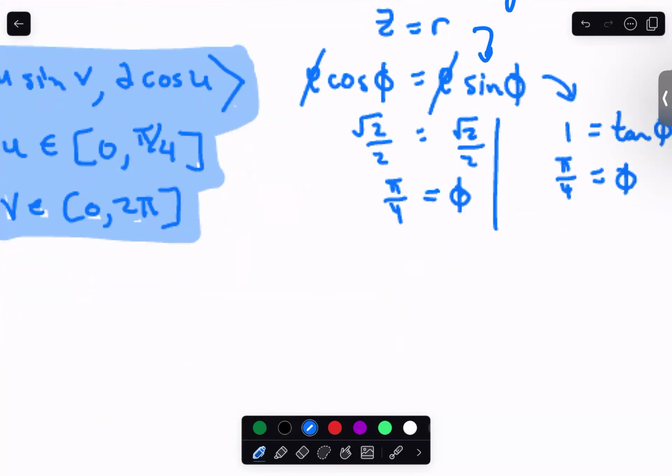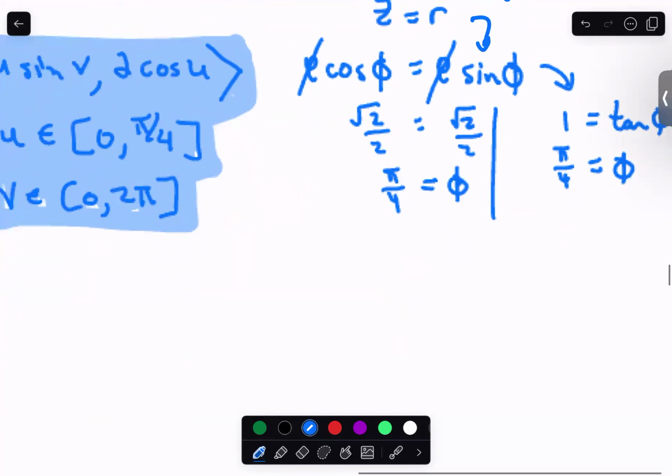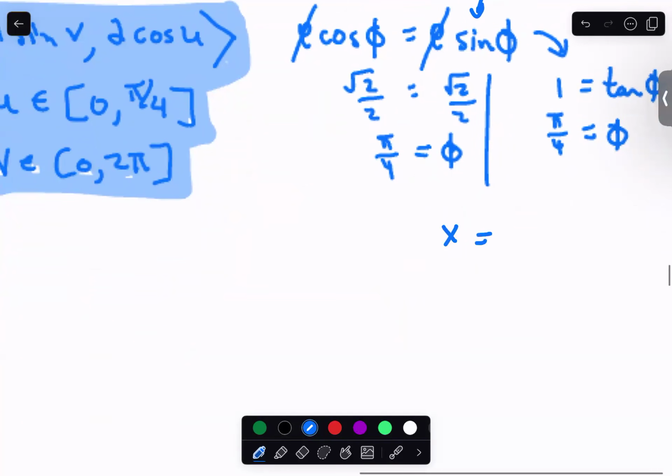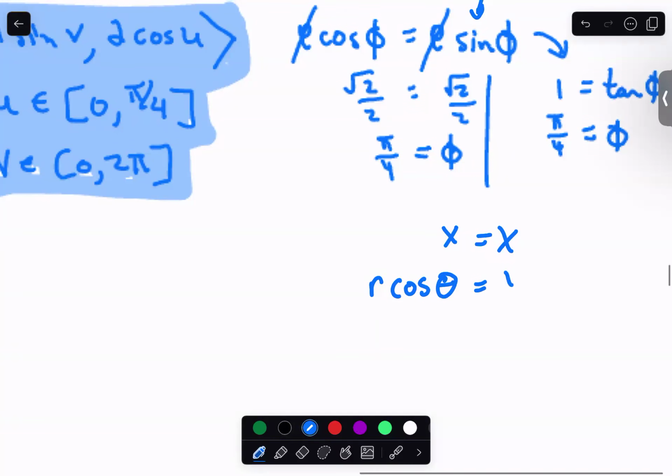But you could also use the conversion equations. For instance, I know x in polar or cylindrical should be r cosine theta. I also know, according to the conversion equations, that x in spherical should be rho sine phi cosine theta.